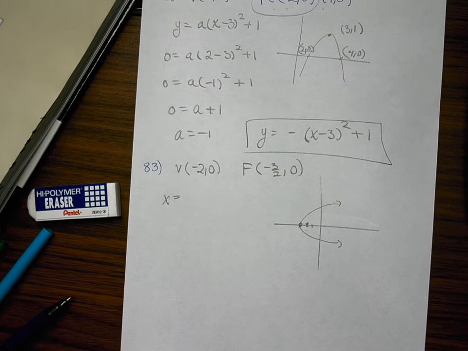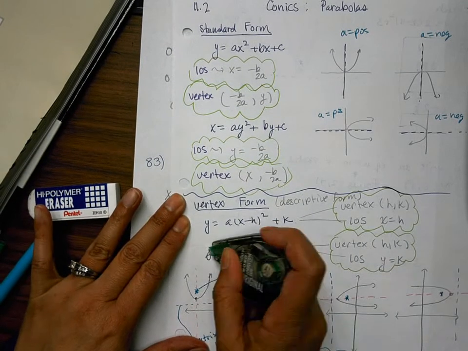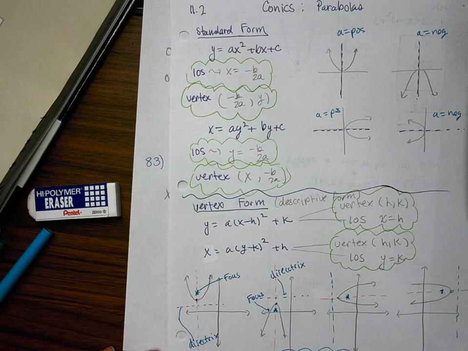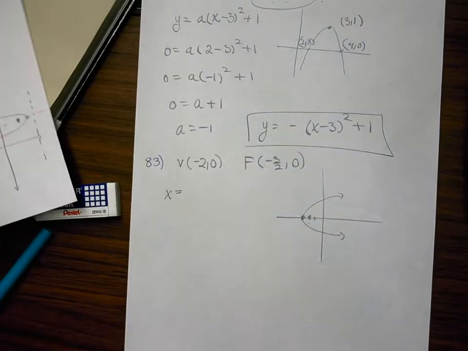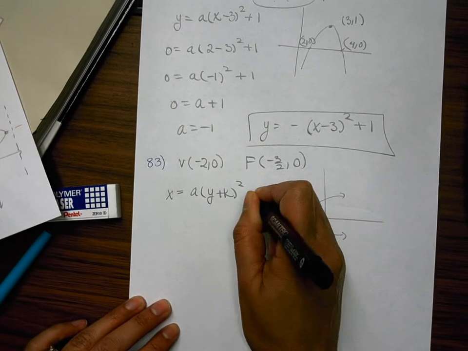We do need to fix it because there was a mistake in the notes that I noticed when I looked over them. Right here, I put y equals. That should have been an x equals. So fix it in your notes. X equals a, so that's when we're using a parentheses y plus k, quantity squared, plus h.